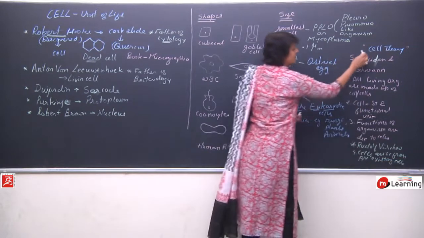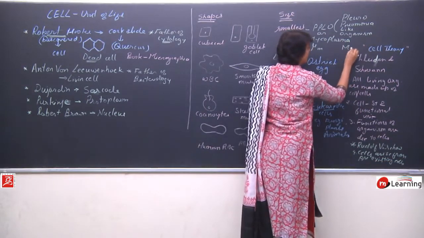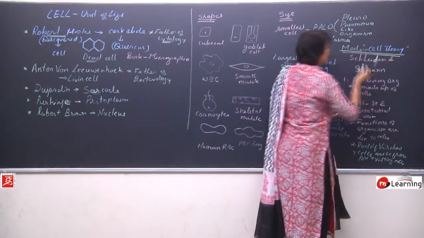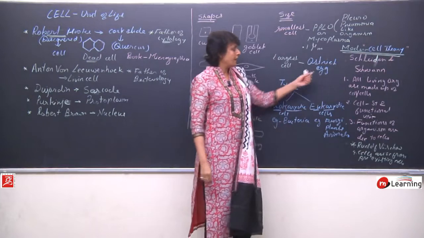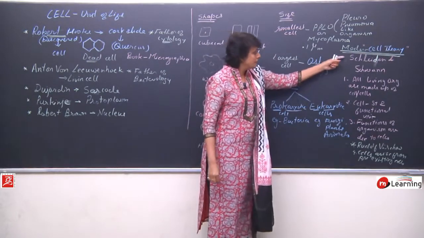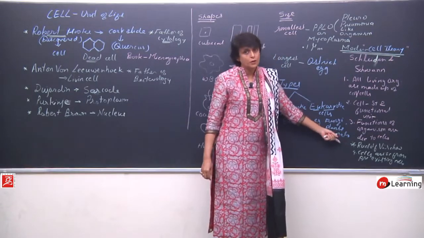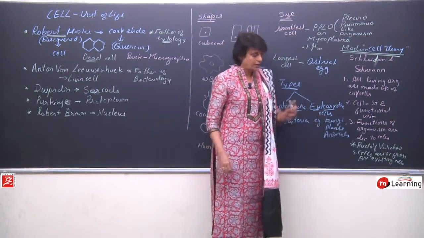And so, the cell theory became modern cell theory. So, contribution in modern cell theory is of three scientists, Schleiden and Schwann, which was the original one, and then Rudolf Virchow, who added the fourth point.